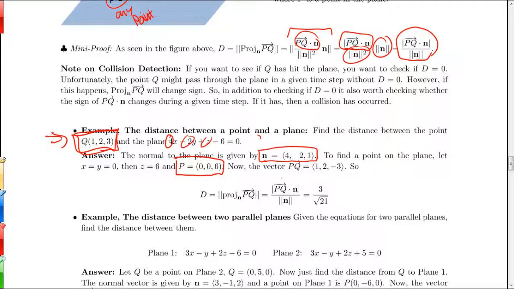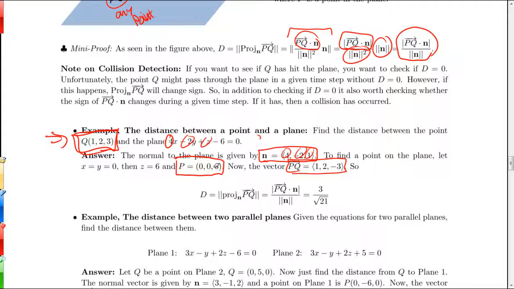Okay, so I just take PQ dot N. And that's going to give me 0 plus 0 plus 6. All right. Oh, wait. You know what I have to do? I just took P dot N. I can't do that. P is a point. All right. I have to find PQ.